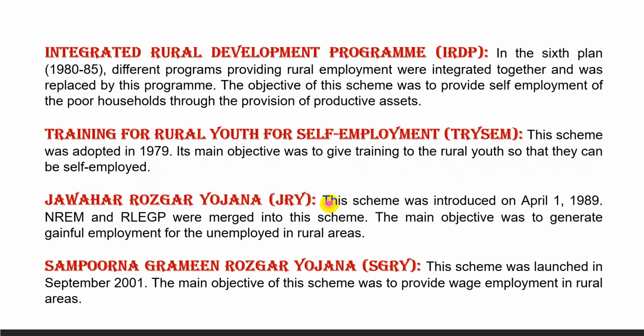Jawahar Rozgar Yojana. The scheme was introduced on 1st April 1989. NREP and RLEGP were merged into this scheme.